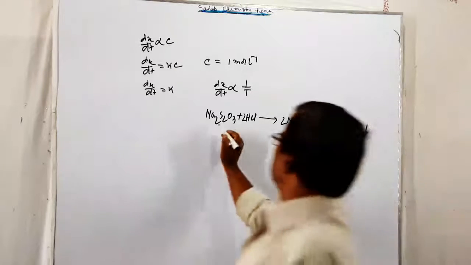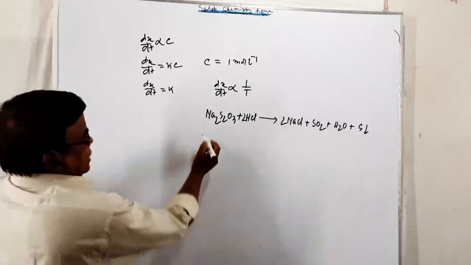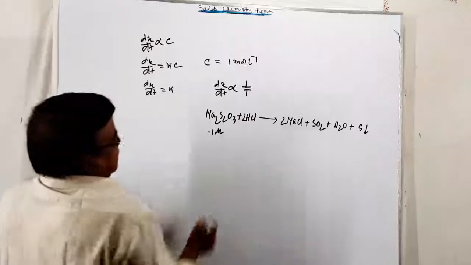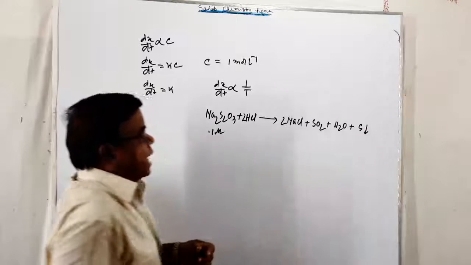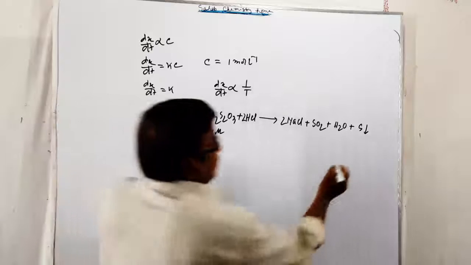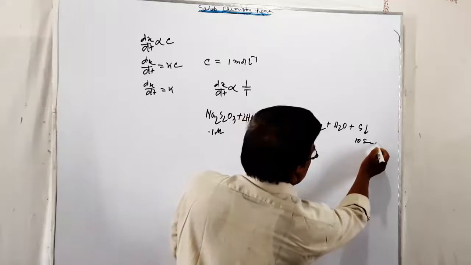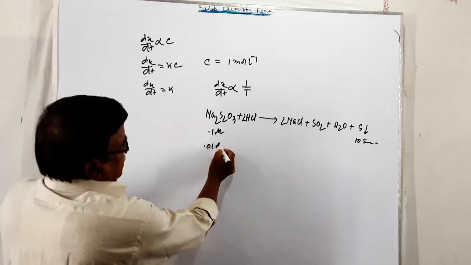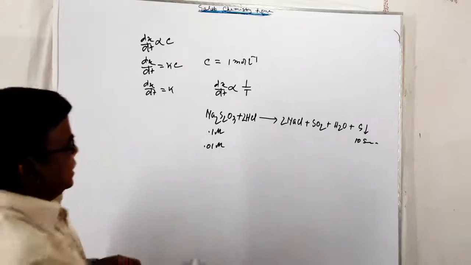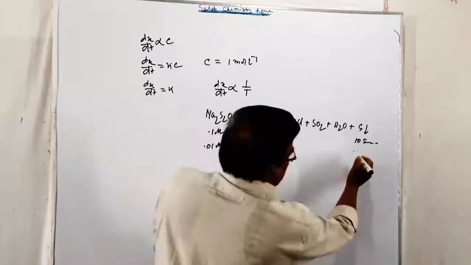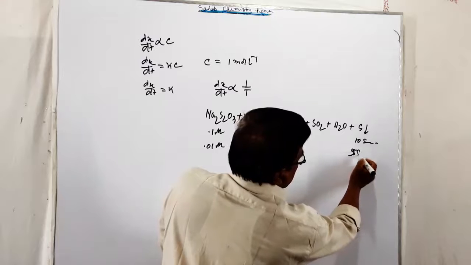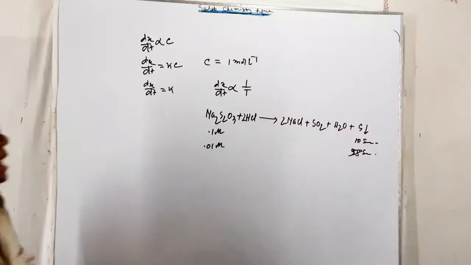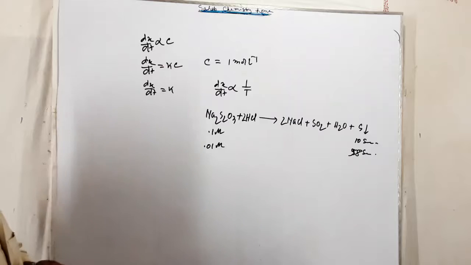If the concentration of thiosulfate is 1 molar, then the time of precipitation of sulfur is only 10 seconds. If the concentration of the thiosulfate is 0.01 molar, then the time taken for sulfur precipitation is 98 minutes.